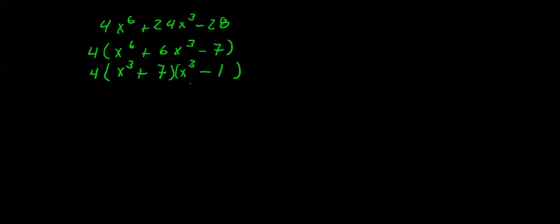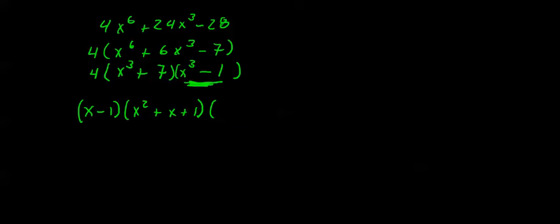But I notice that right here, I have the difference of perfect cubes. So, x cubed minus 1 is x minus 1 times x squared plus x plus 1. Using our formula, a is x, b is 1, we get this.